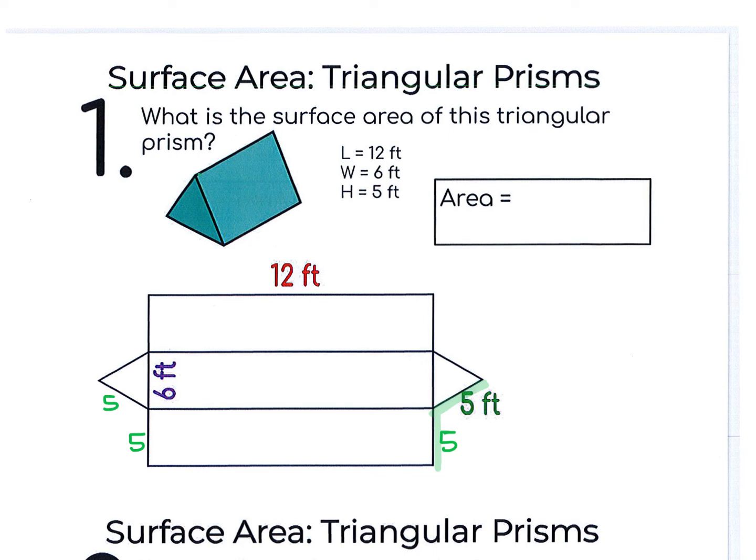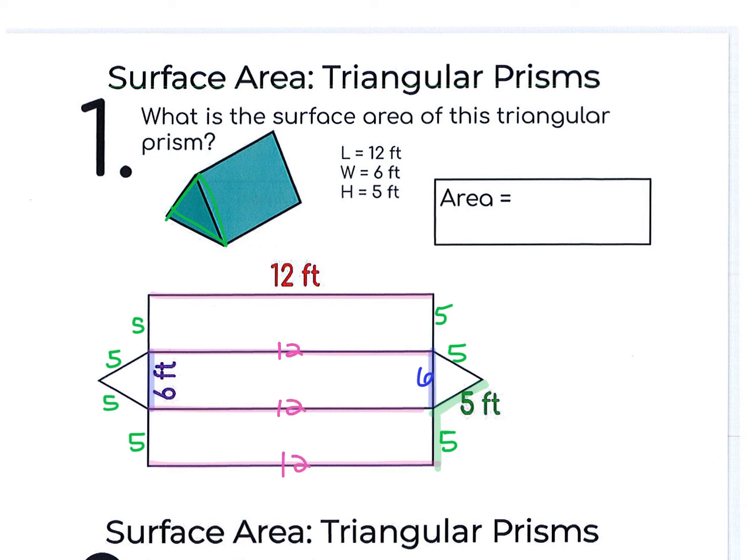Now, this is a nice isosceles triangle, so then we have 5 on these other edges as well. If the base of my triangle is 6, the base of the triangle on my other end is also 6. And then lastly, if my triangle is 12 feet deep, all of these other edges would also be 12 feet.